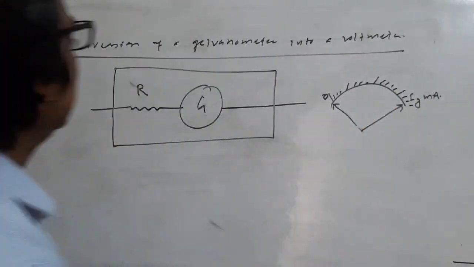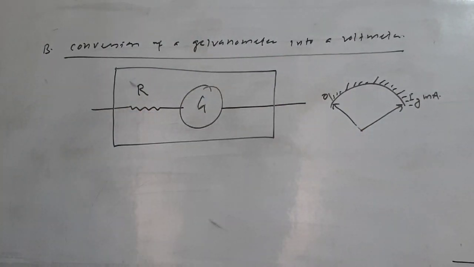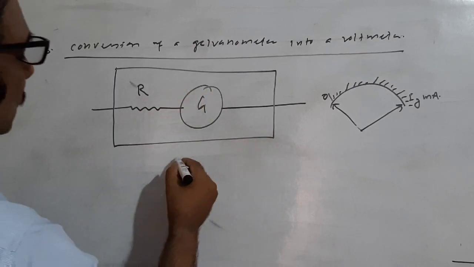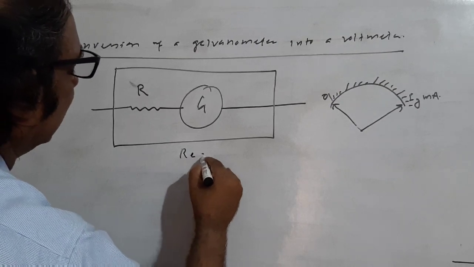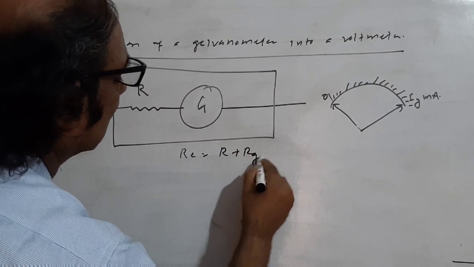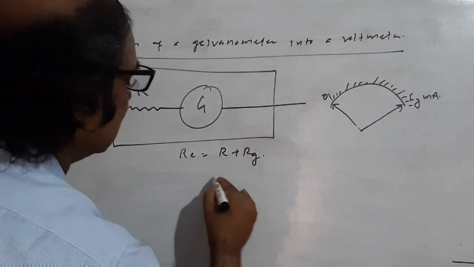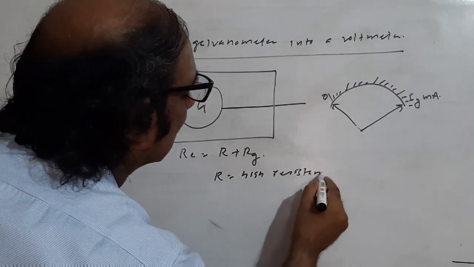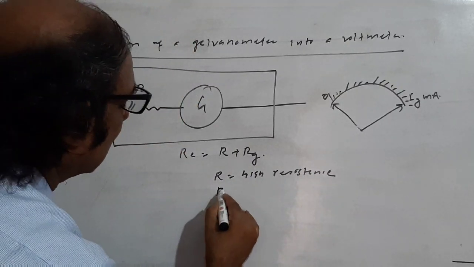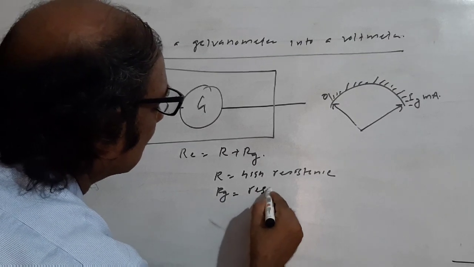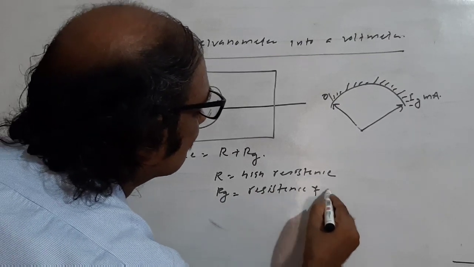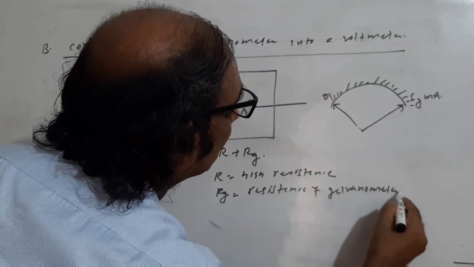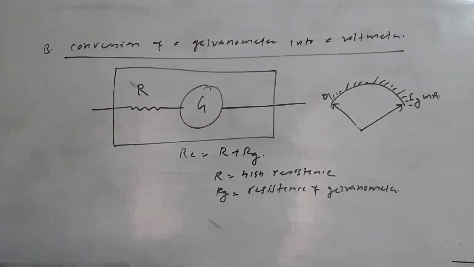This also exists here, even the galvanometer is converted into a voltmeter. Now when a high resistance is connected in series to the galvanometer, the total resistance Re equals R plus Rg, where R is the high resistance connected in series and Rg is the resistance of the galvanometer which is converted into the voltmeter.